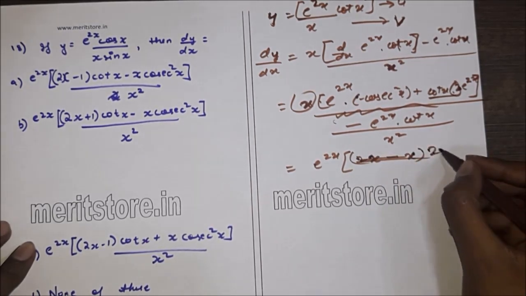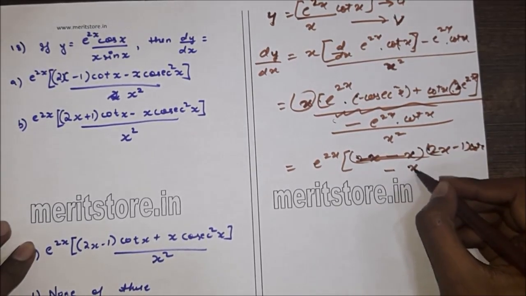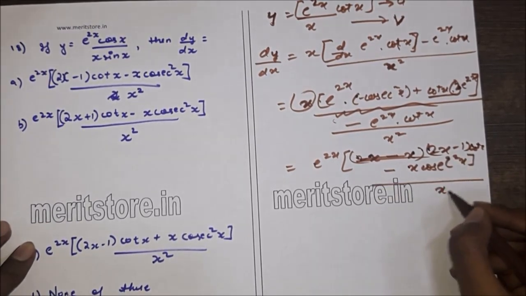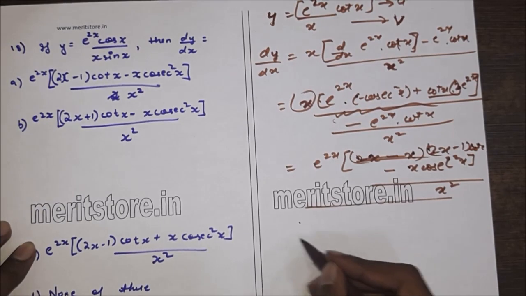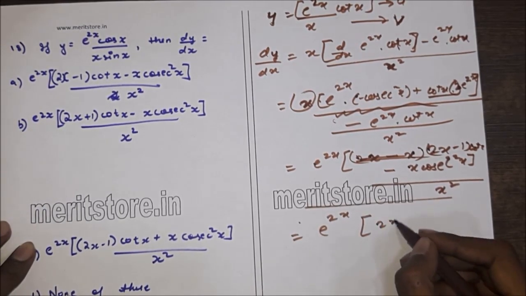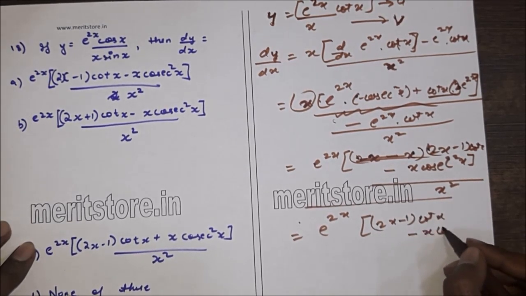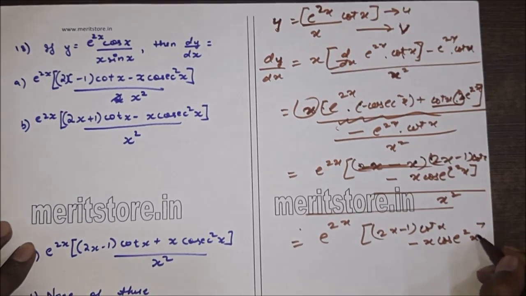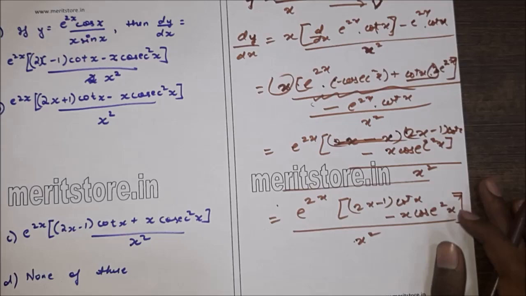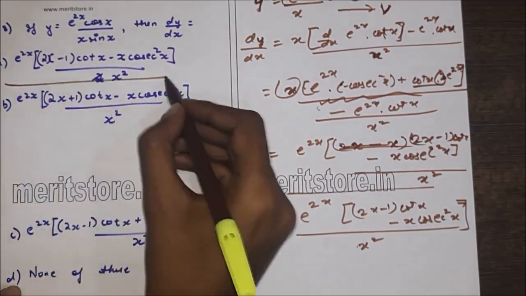So this can be simplified as (2x minus 1) cot x minus x cosec square x, divided by x square. That is 2x e raised to 2x into (2x minus 1) cot x minus x cosec square x, divided by x square, which is option A.